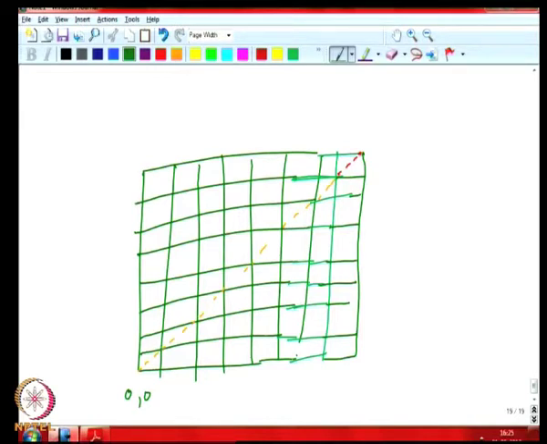The point is we can touch these diagonal points, but we are never allowed to go above it. A point like this is above the diagonal, a point like this is below the diagonal. So we should always be below the diagonal.